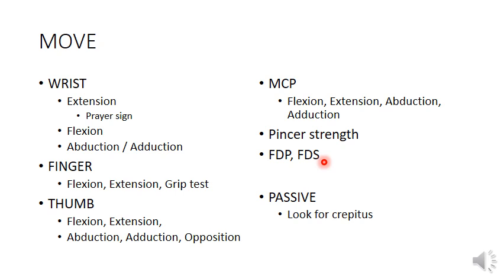We will then hold the middle phalanx and ask the person to flex only the distal interphalangeal joint, and this is the test for flexor digitorum profundus. We know that the flexor digitorum superficialis gets inserted into the middle phalanx. During their movements, also observe the joint for any crepitus.